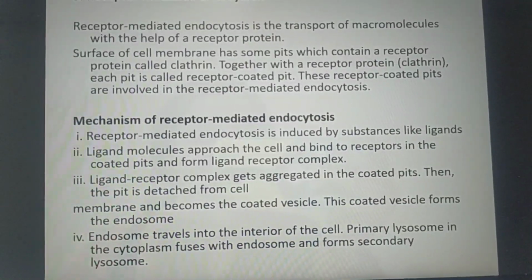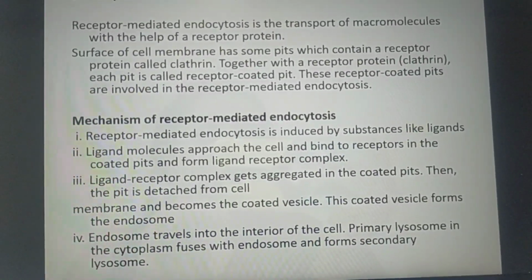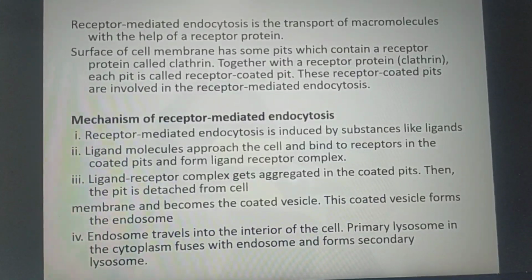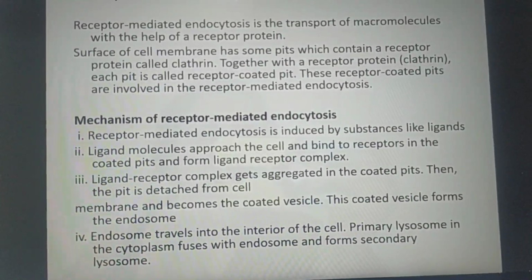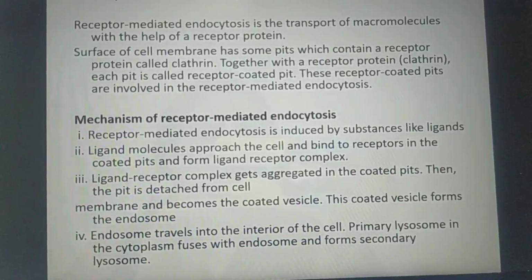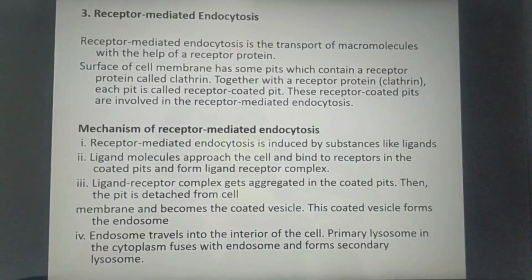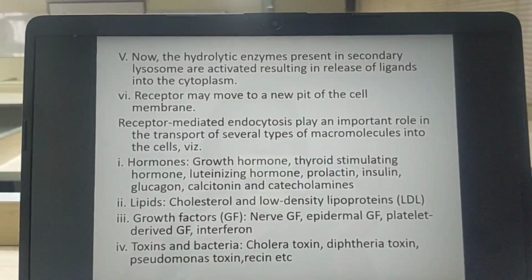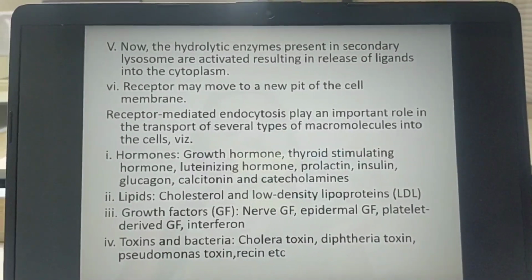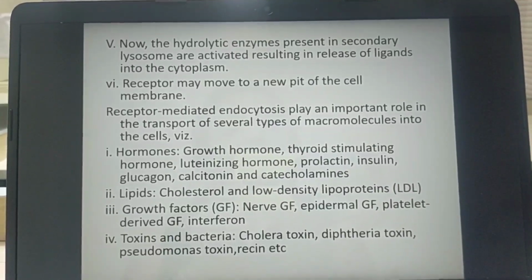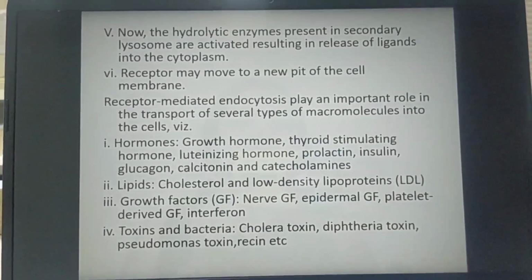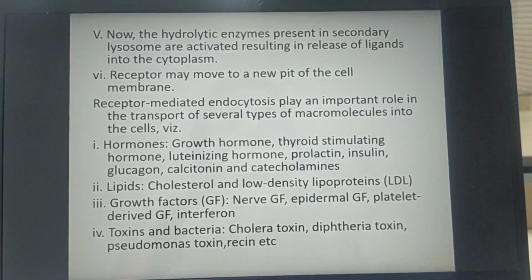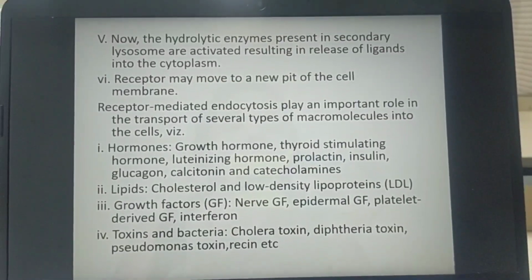This coated vesicle forms the endosome. An endosome travels into the interior of the cell. Primary lysosome in the cytoplasm fuses with the endosome and forms secondary lysosome. Now the hydrolytic enzymes present in the secondary lysosome are activated, resulting in the release of ligands into the cytoplasm. So receptor may move to a new pit of the cell membrane.